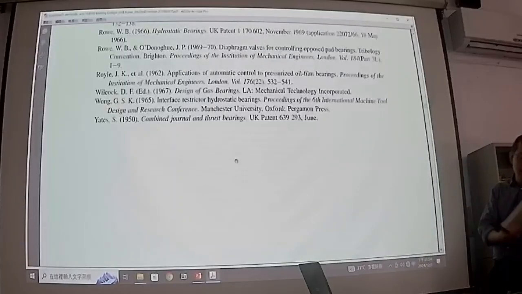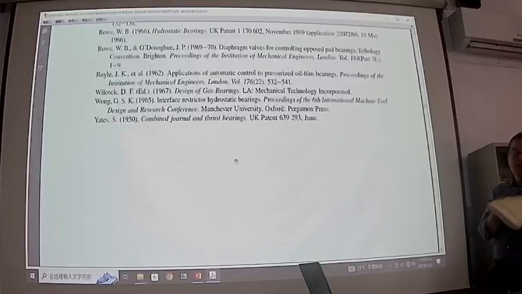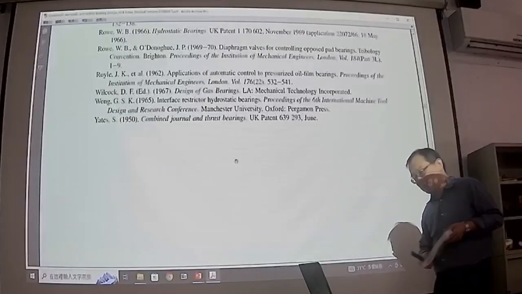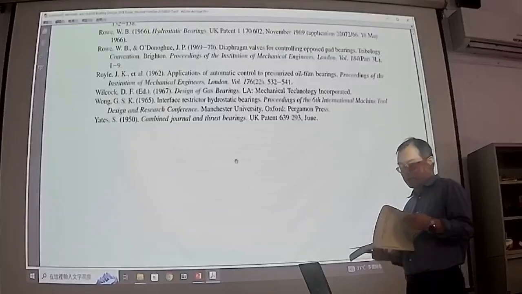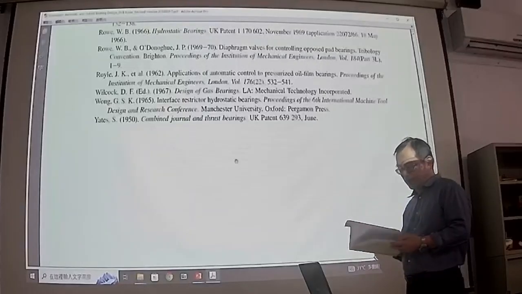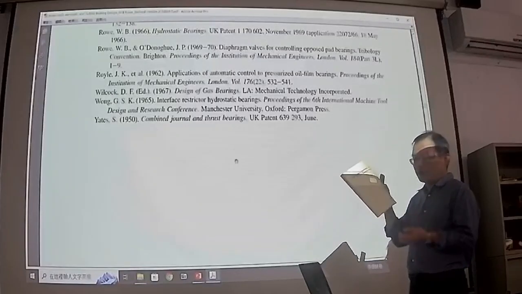And for version 2, this is version 2, the author included the air bearing, but without any further detail of the air bearing formula. It's not clear how we can design an air bearing. But for hydrostatic bearing, it's quite a good book.